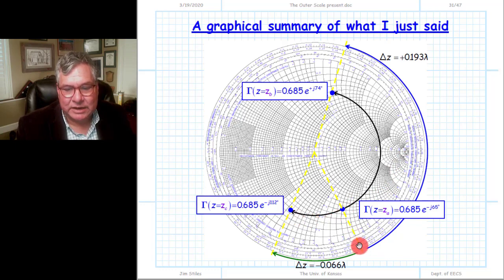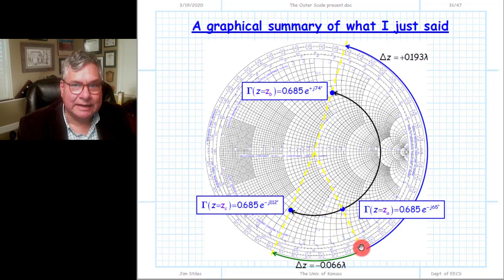In this case, since Z is decreasing, the reflection coefficient angle now is decreasing, and we move in a clockwise direction. We start at this mark for our outer scale. Again, it doesn't really matter what that number is, but we subtract 0.066 from it, and when we get to that location, that is the new phase angle of the reflection coefficient at ZC.